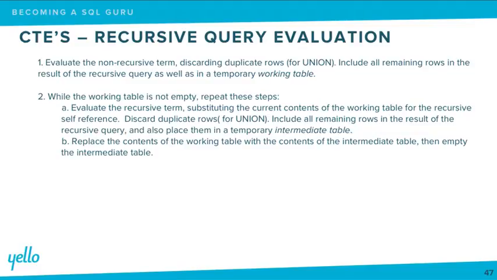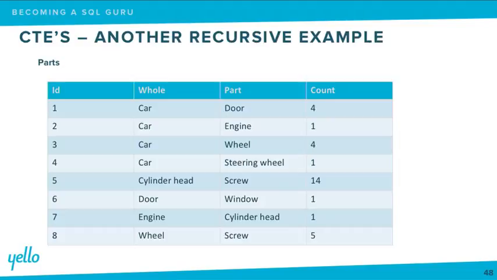And then with that new data, we put it into 2 places. 1, we put it into our final result set. 2, we put it into an intermediary table. We then replace the content of our working table with the content of our intermediary table and empty out our intermediary table. So it's essentially like having a bunch of buckets on your table and you're just moving data from one bucket to the other. And for as long as there is still data in the working table, this keeps going around and around and around. So let's look at a pseudo real-life example.